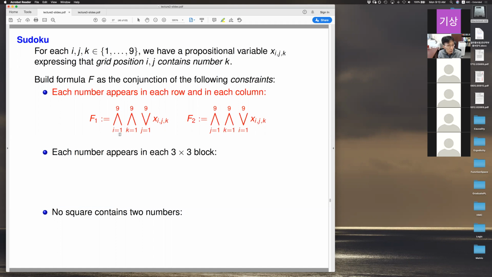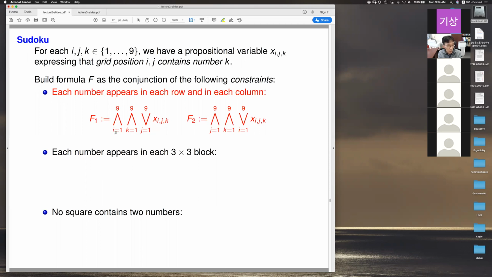But a better way to read what this formula actually means is that for every i, conjunction essentially corresponds to universal quantification in this case. For every i, which means for every row, and for every number k from 1 to 9, we should be able to find a column j such that the ij entry contains number k.